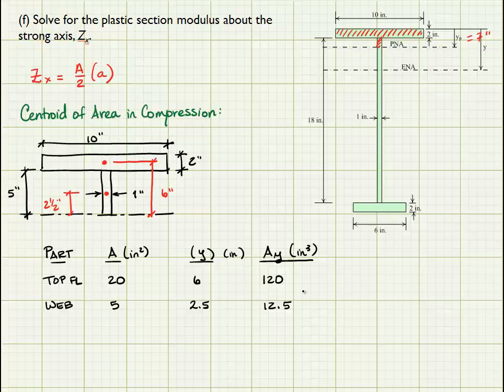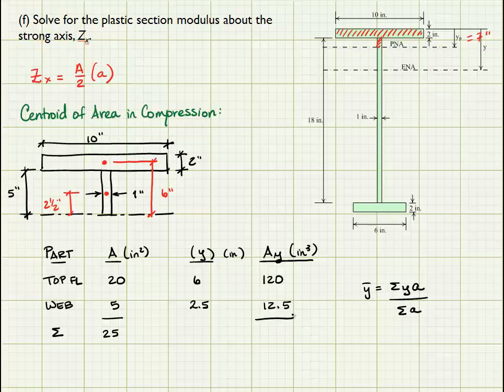Now just finding the geometric centroid of this piece, Y bar is equal to the sum of YA divided by the sum of A. So I'll look at the summation of A and of AY. Sum of A is 25. That's good. We know that this has to equal half of the total area. If this came out to any value other than 25 for this shape, I would know that I messed something up.